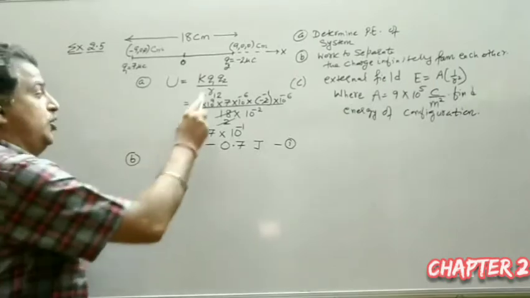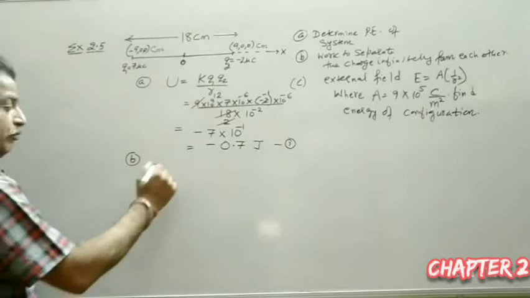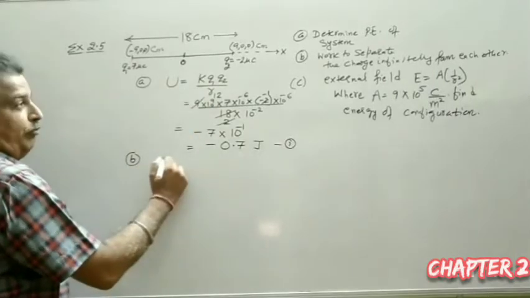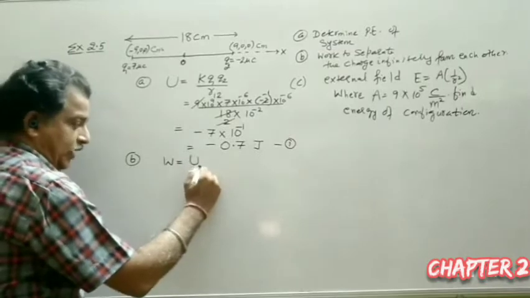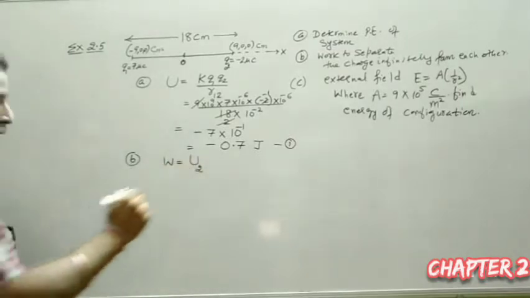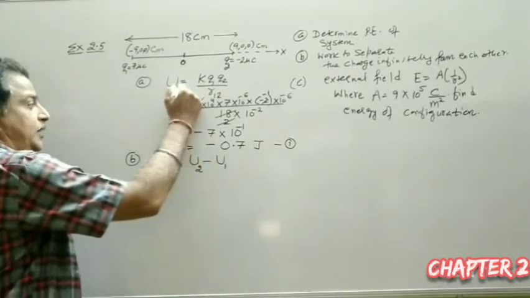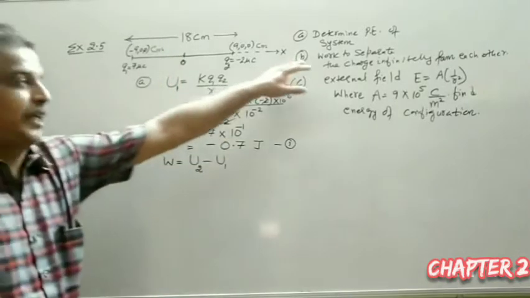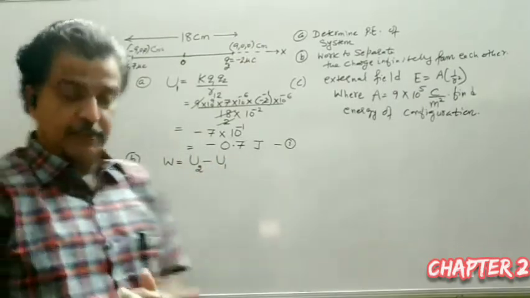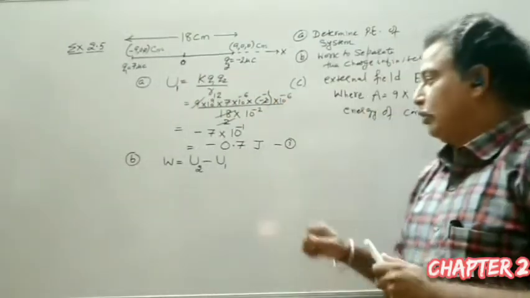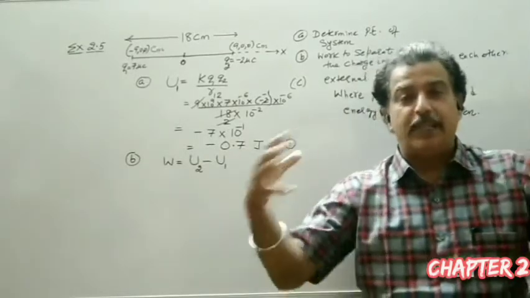If the distance becomes infinite, the potential energy becomes 0, since 1 upon infinite is 0. So the work done to separate is the final potential energy minus the initial. Let us name this as initial because we have a second part. So U2 minus U1.